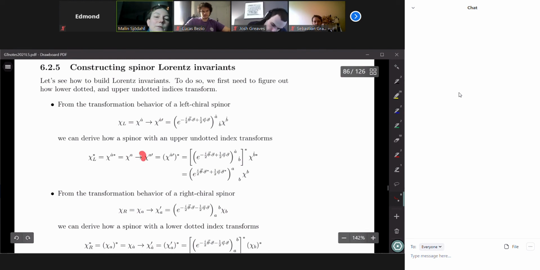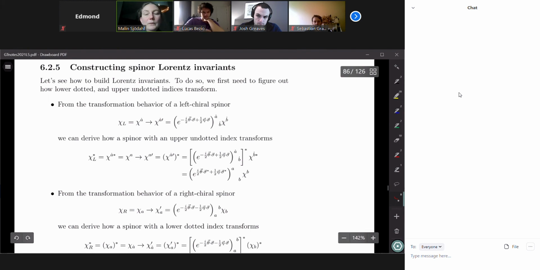And now I should transform it to some chi a prime. So I take this field transformed here, and I complex conjugate it, because this is how I remove the dots of my index.